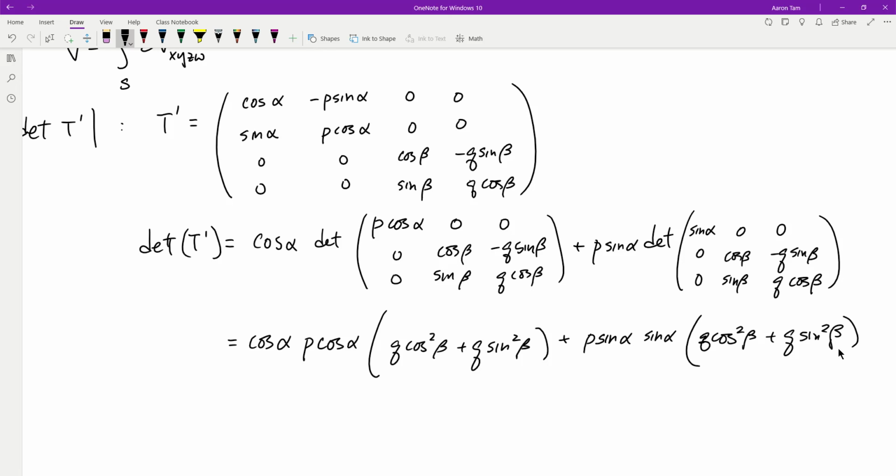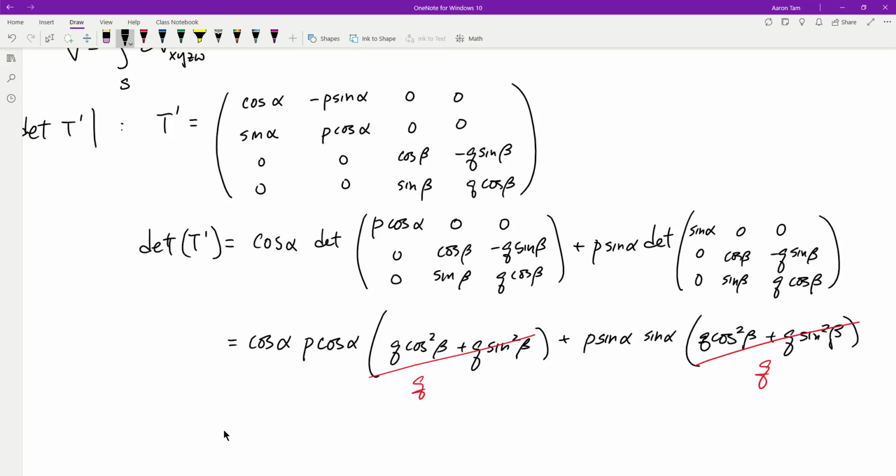It does look complicated, but it's not, because if you factor Q, you have cosine square beta plus sine square beta, that's 1. The same thing happens over here, it just factors out to a Q.